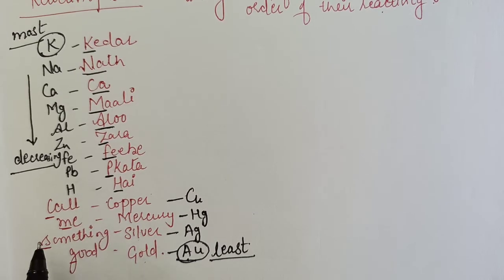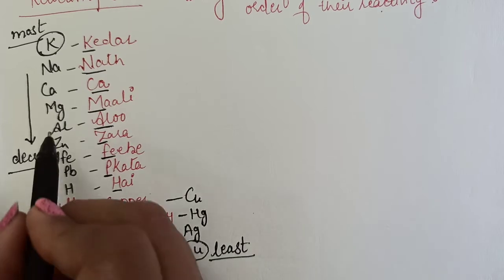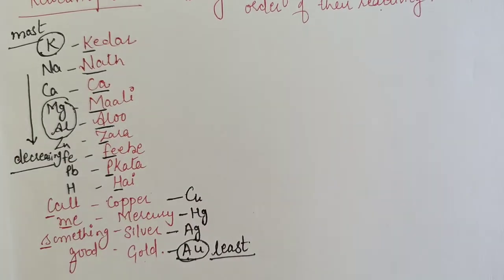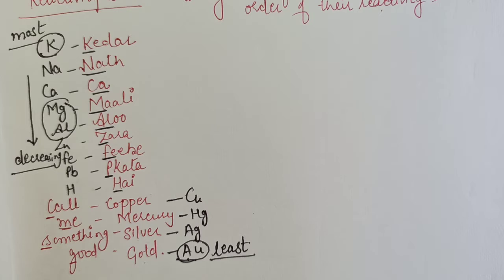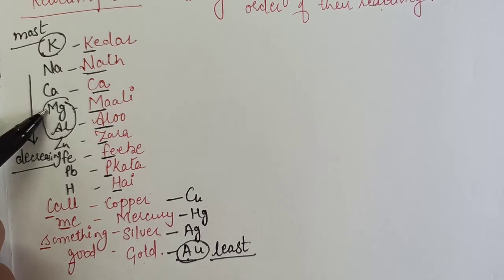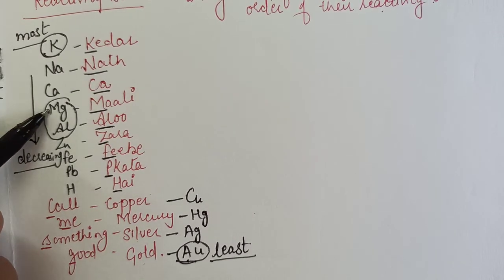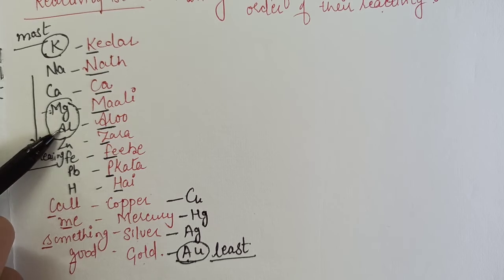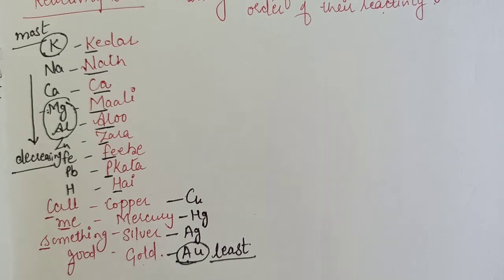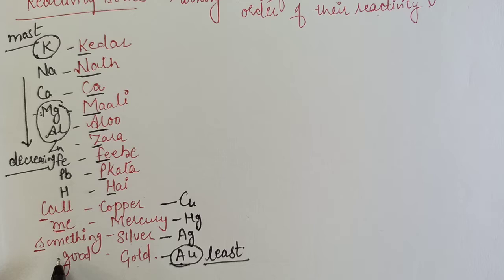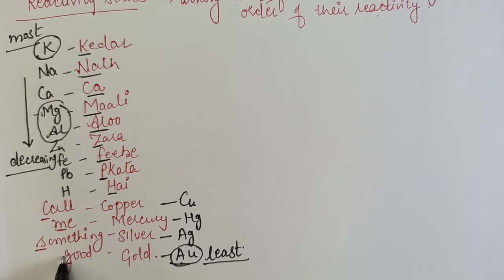If you want to check which is more reactive between magnesium and aluminium, magnesium is placed first, so it is more reactive than aluminium. With the help of this reactivity series, now we are able to do the displacement reaction.